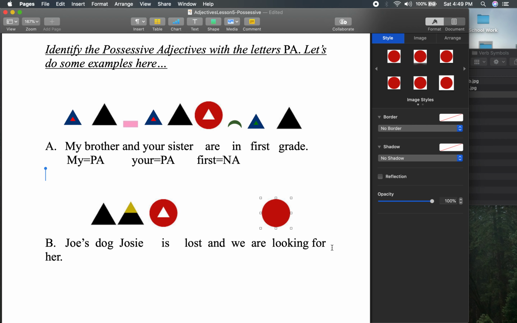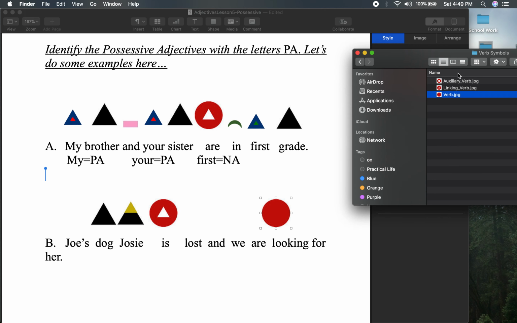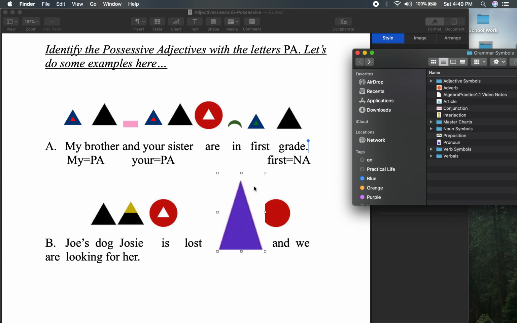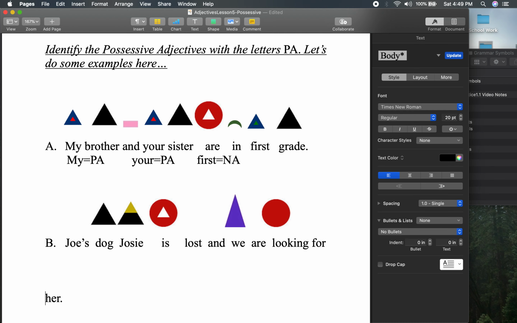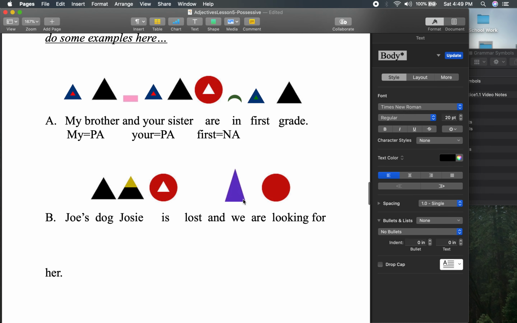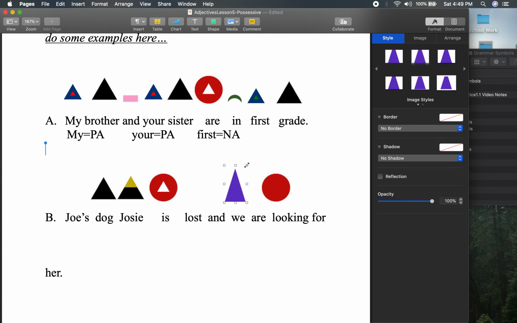Joe's dog Josie is lost, and we, that is a pronoun. Pronouns are very pretty. We are looking for her. Well, what about her here? Her, does it modify anything? No, it does not, which means it also is a pronoun.